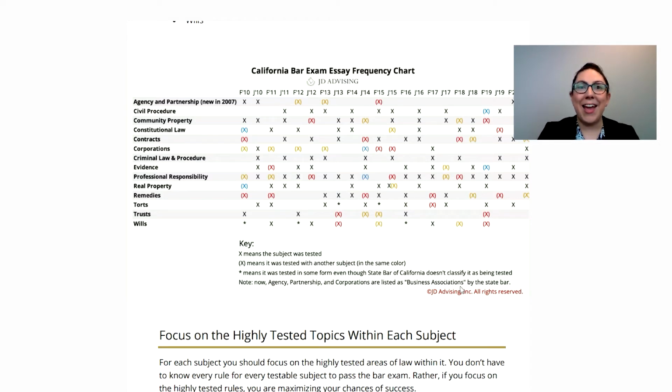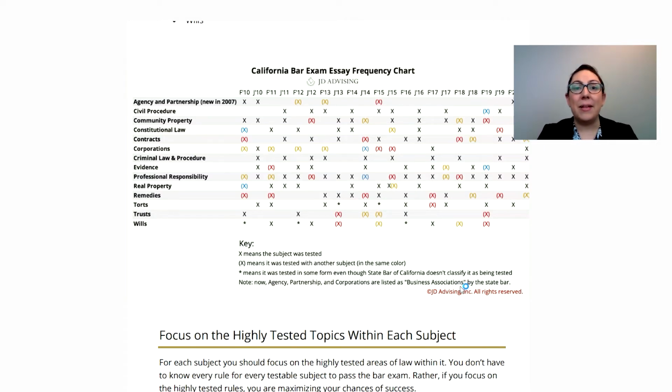For instance, in California, professional responsibility is tested almost every administration. So you are pretty much guaranteed to see a professional responsibility essay on the bar exam. That means that you're not wasting your time if you learn professional responsibility really well. You're almost guaranteed to be able to show off your knowledge of that subject.